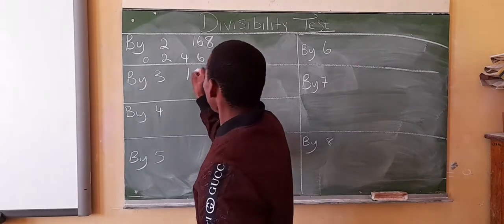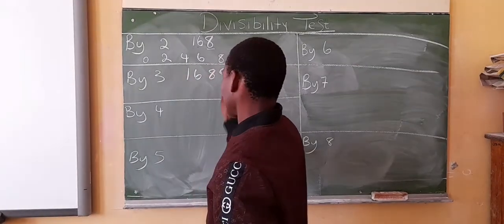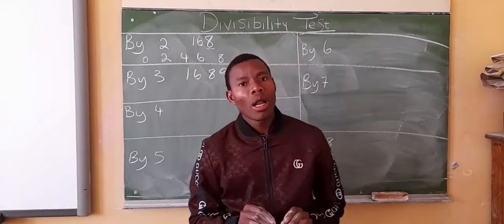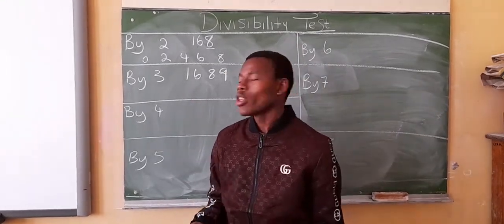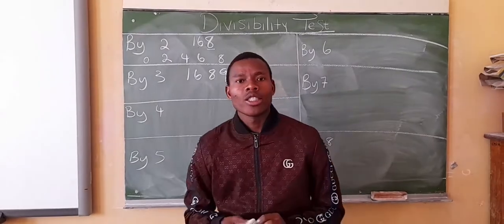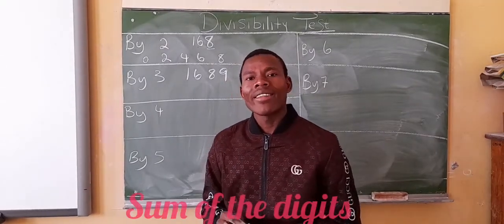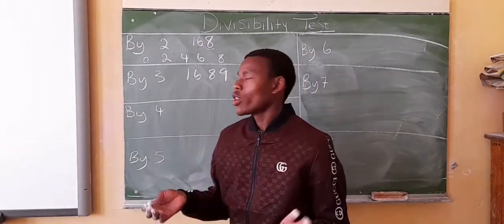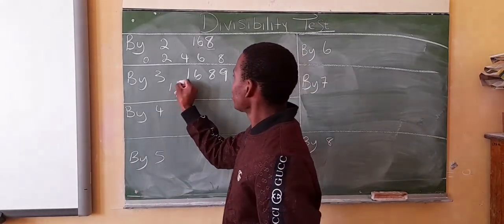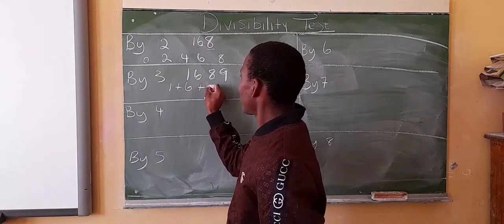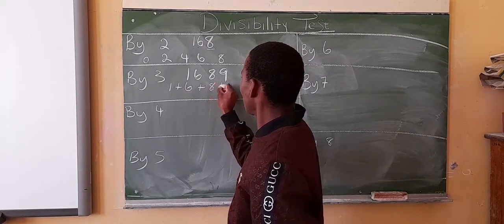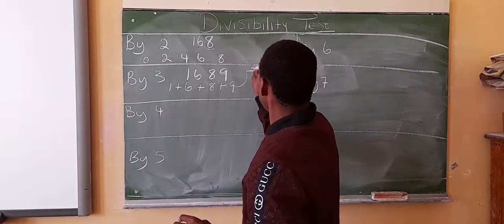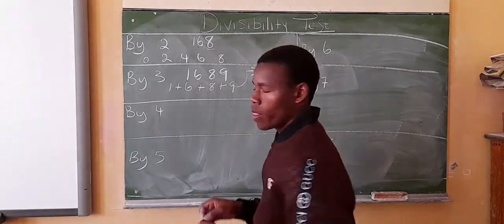Let's come to divisibility by 3 and take an example. Let's take 1689 and check whether the number is divisible by 3. The idea is to find the sum of the digits that make this number. 1 plus 6 plus 8 plus 9 is equal to 24.